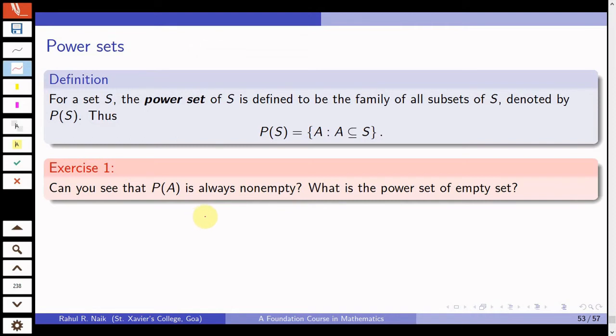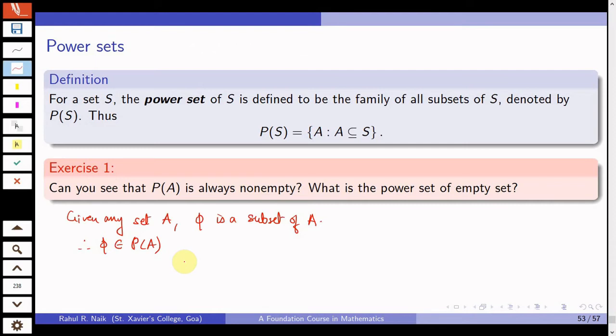The reason is very simple. We know that the empty set is a subset of any set. So, given any set A, the empty set is a subset of A. Therefore, the empty set will always belong to P of A. No matter what set you are considering, even if it is the empty set, the empty set is a subset of the empty set.